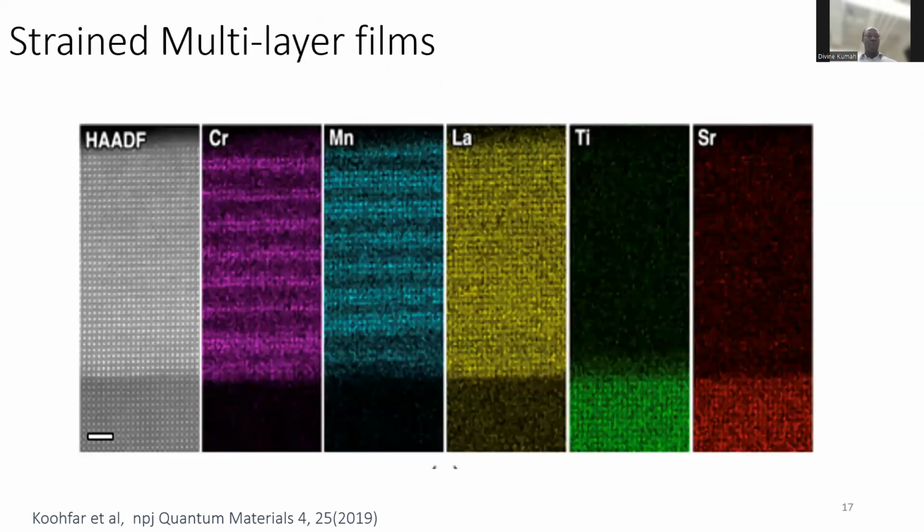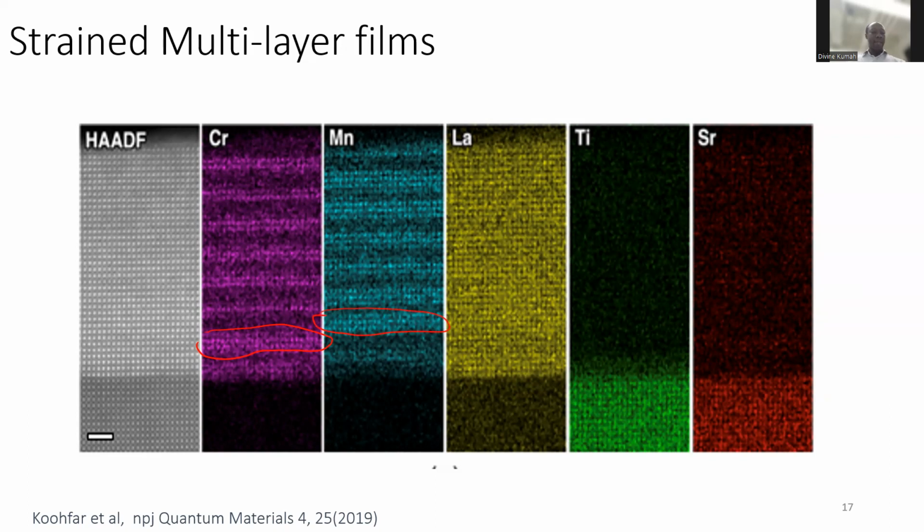So once we've gone through this whole process and achieved this molecular beam epitaxial growth, we can now create materials which do not exist naturally. This picture here is a transmission electron microscope image, which is taken after we've grown the material, where we've tried to grow a few layers of this material, which contains chromium, spaced by another layer of this material, which contains manganese.